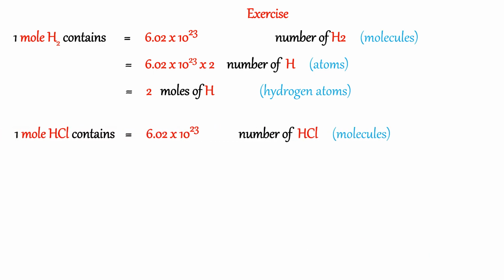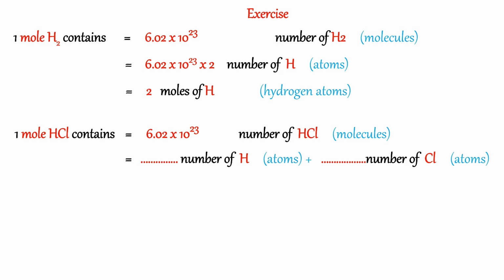Here you get 1 mole hydrogen chloride contains Avogadro number of hydrogen chloride molecules. This contains how many hydrogen atoms and how many chlorine atoms? Avogadro number of hydrogen atoms and Avogadro number of chlorine atoms.